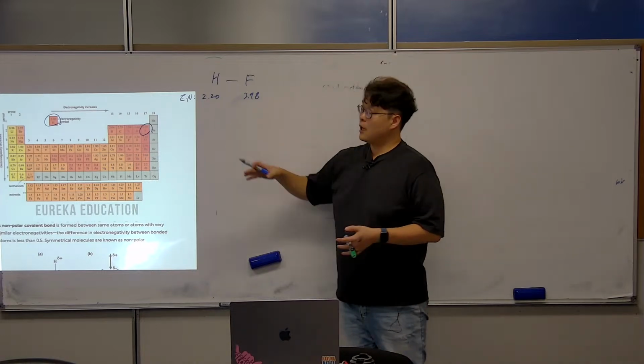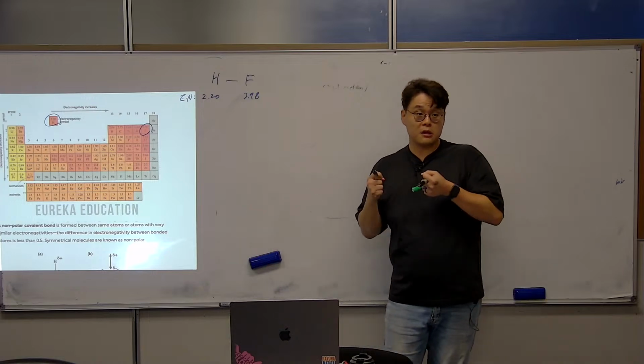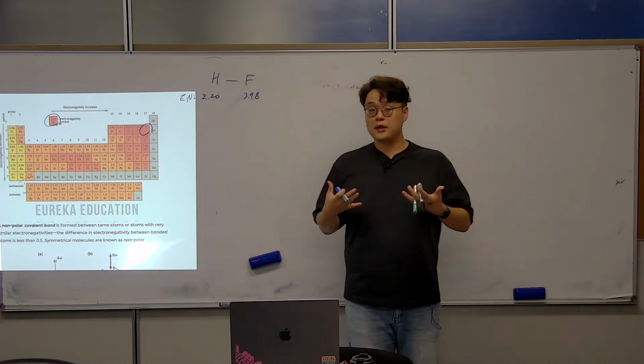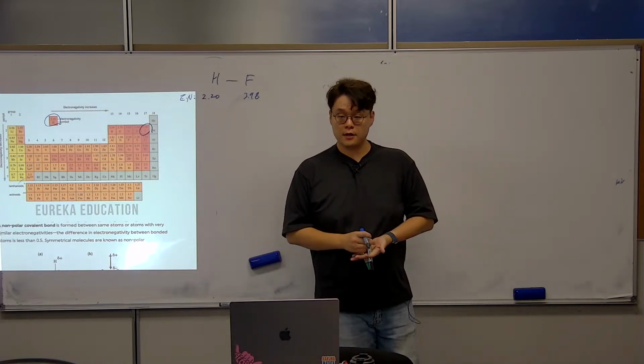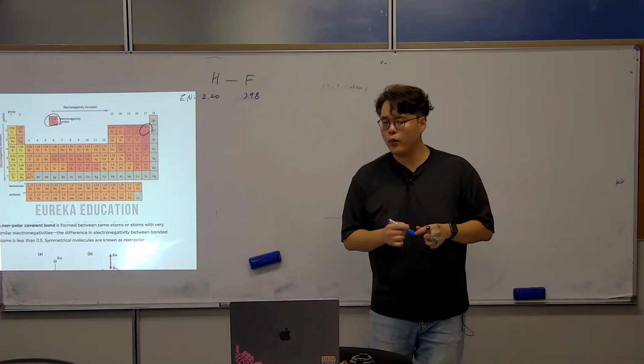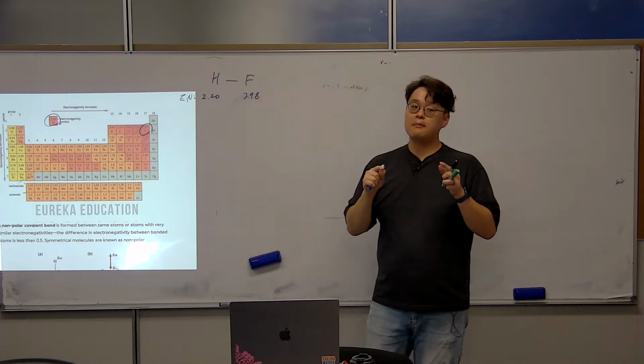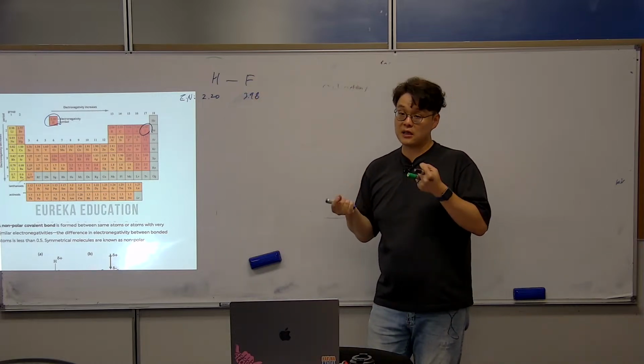This means hydrogen carries that much strength of attracting the electrons, and fluorine has 3.98, much greater, almost 1.5 times. So let us think about what happens in between these two when they have a significant difference of electronegativity.